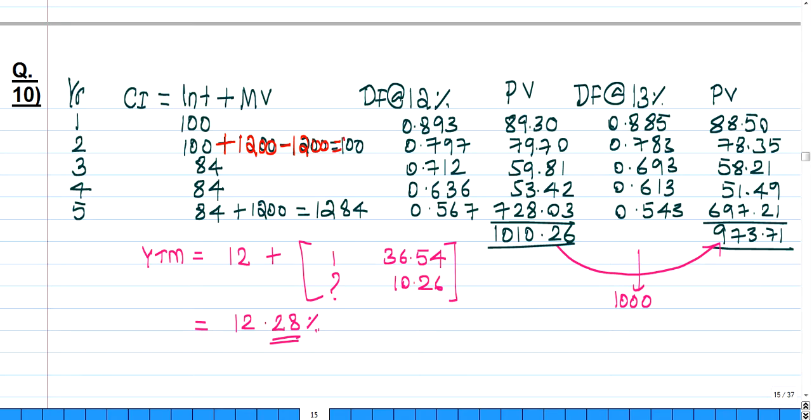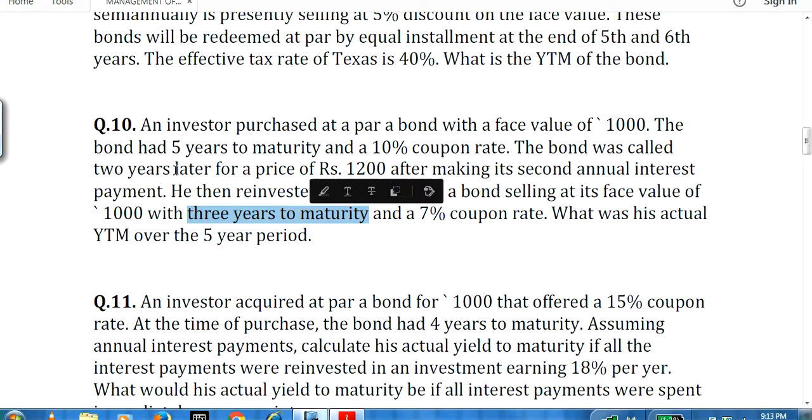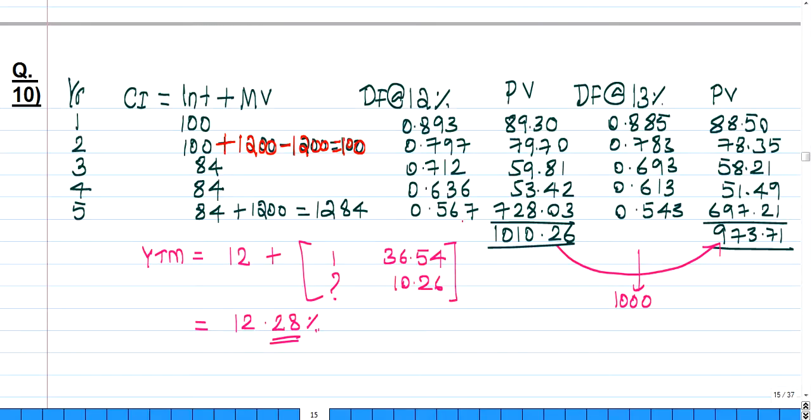So again you will end up with 100. Very clear? Okay, fine. Okay, next, a 7% coupon rate. 7% coupon rate, very important. Now it is a 7% coupon rate.